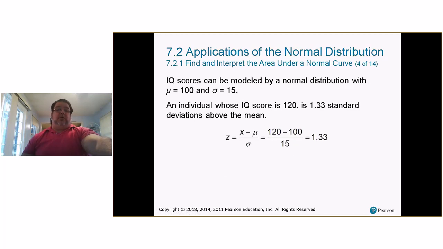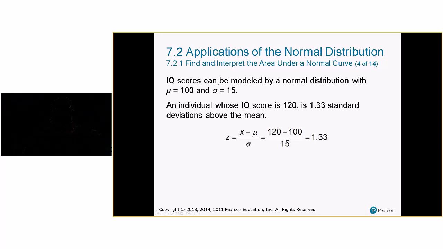All right. IQ scores can be modeled by a normal distribution. So you can turn anything into a z-score. So write this question down. It says IQ scores can be modeled by a normal distribution with mu equal to 100 and standard deviation equal to 15. What does it mean when you see mean and standard deviation?